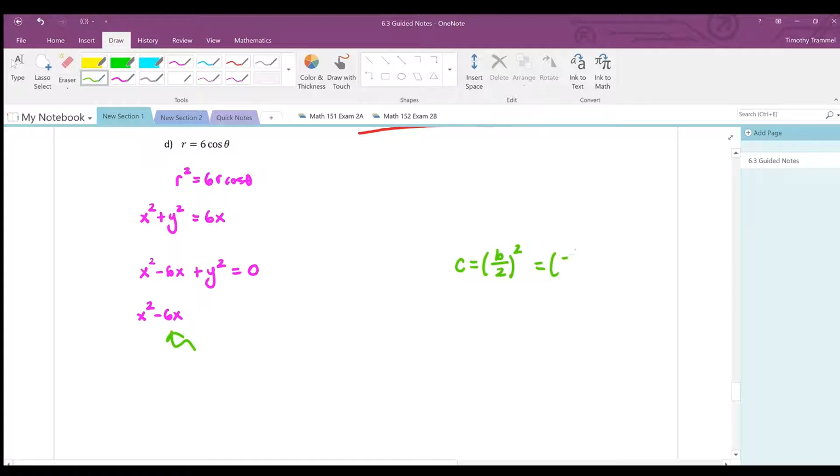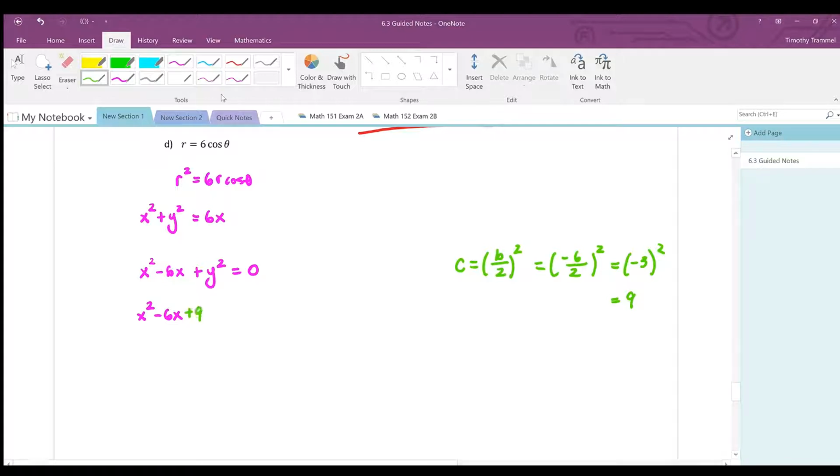We have minus 6 over 2 squared, which is negative 3 squared, which is 9. Okay. But I actually want to do one more thing. I'm going to actually write minus 3 squared, which is 9. Okay, and I'm going to try and write that a little neater. Okay. So that's the number we're going to add to each side.